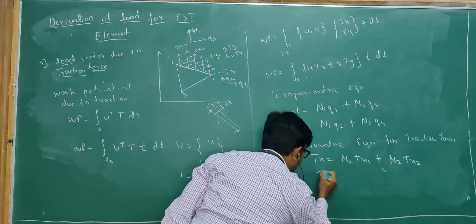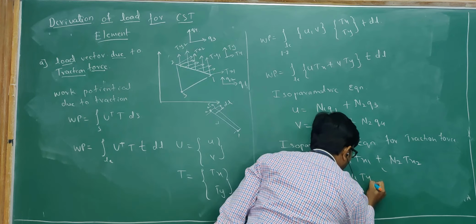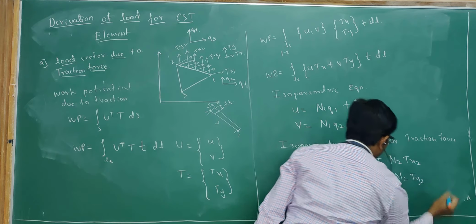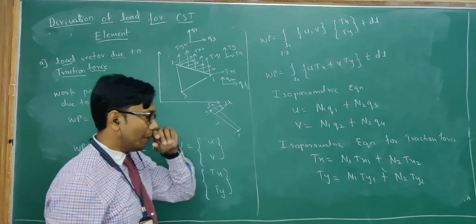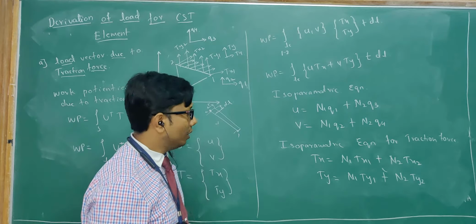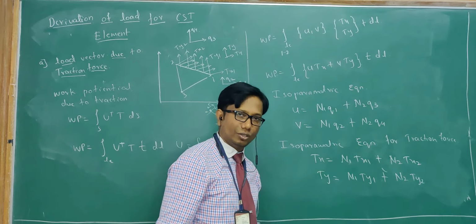Similarly, Ty is resolved as n1 Ty1 plus n2 Ty2. So this is the property of an isoparametric equation. Because of that, we can write the variation of the value of the traction force in the form of shape function values.